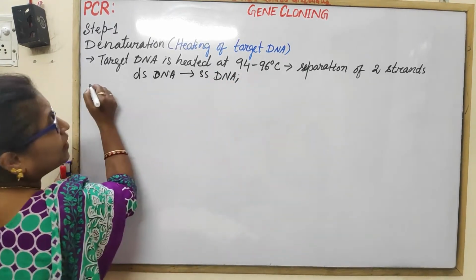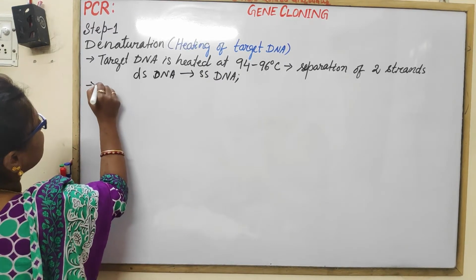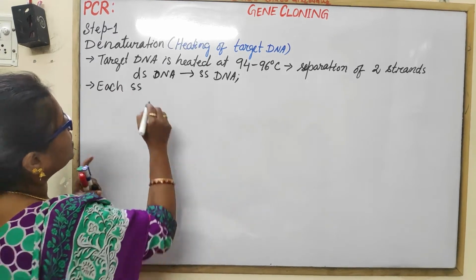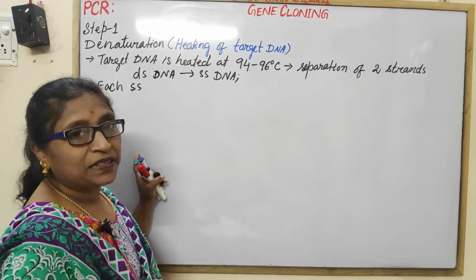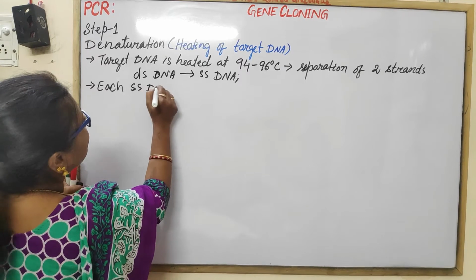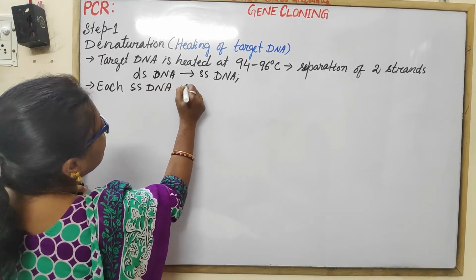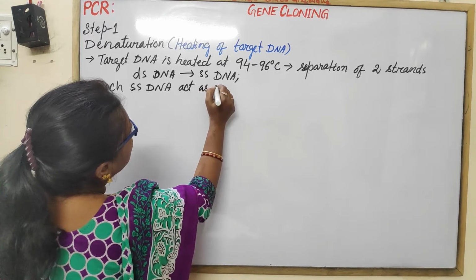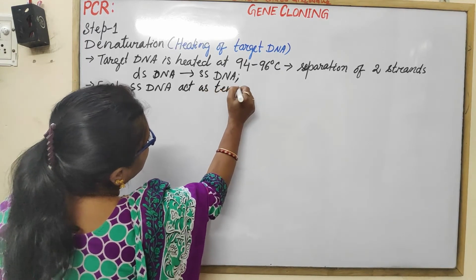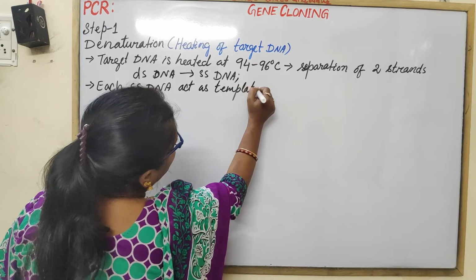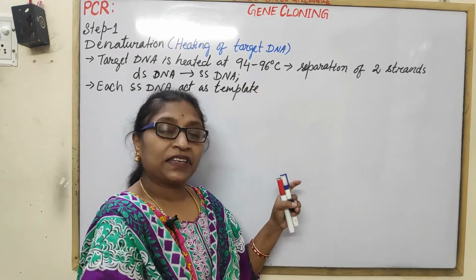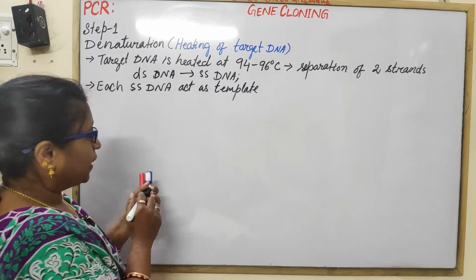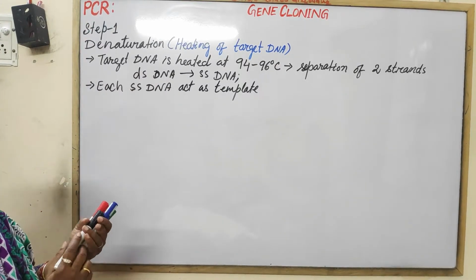Each single-stranded DNA, SS means single-stranded, DS means double-stranded, acts as a template on which the complementary strand is formed. How does it occur?